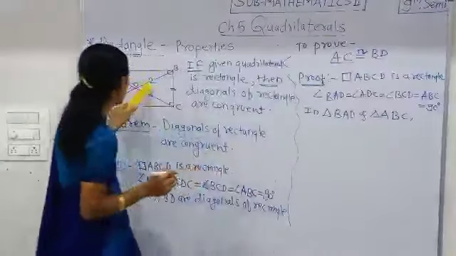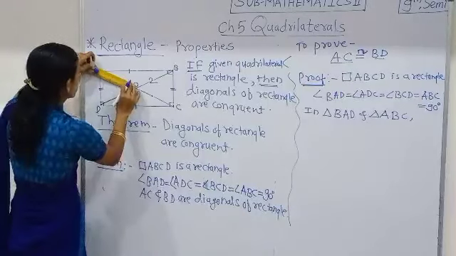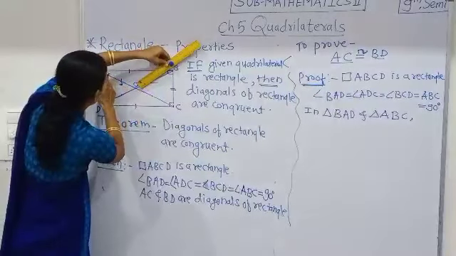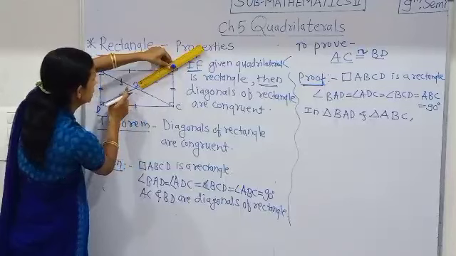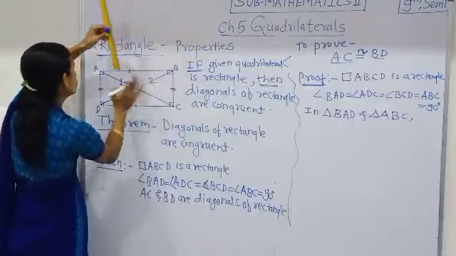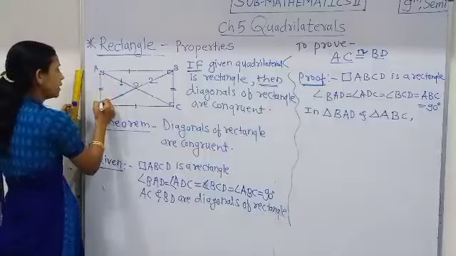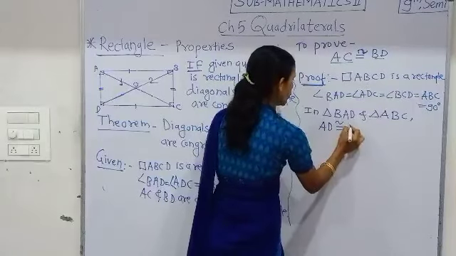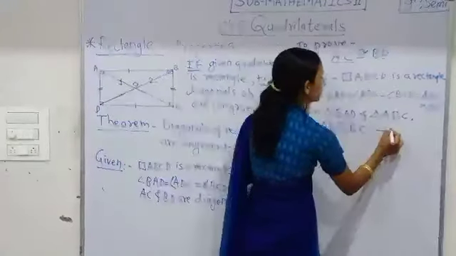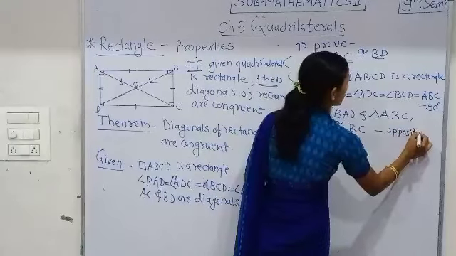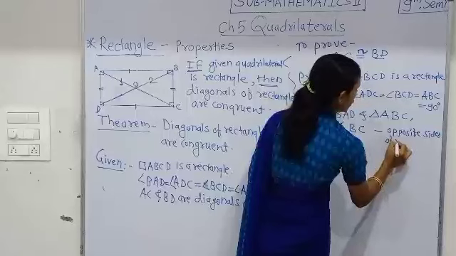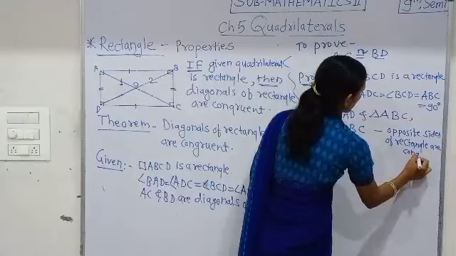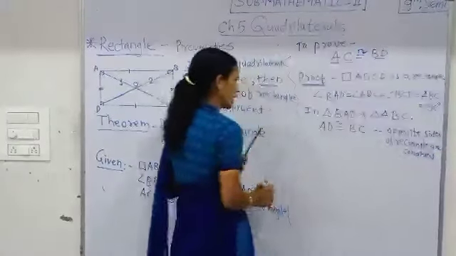In those two triangles, see here, AD congruent BC, because opposite sides of a rectangle are congruent. That is the property of a rectangle.